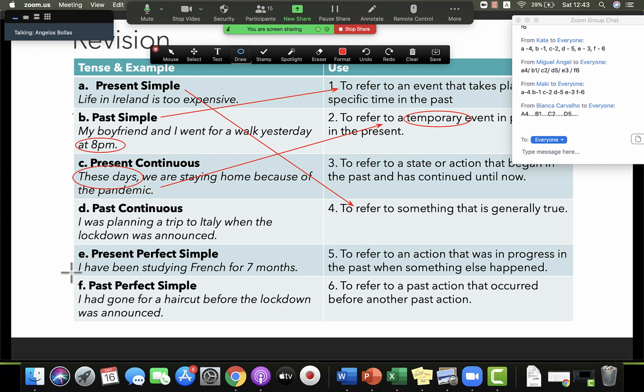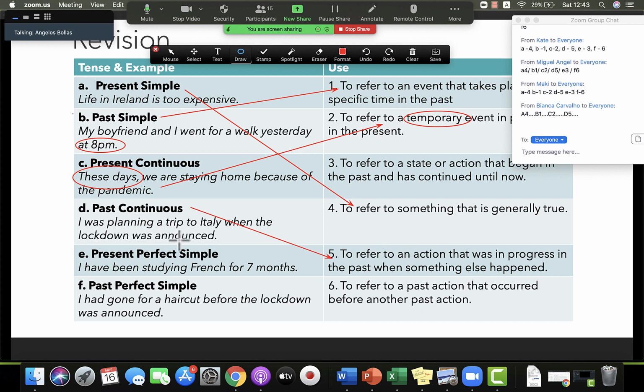D, I see you all say 5, past continuous, to refer to an action that was in progress in the past when something else happened. That's wrong. And can I ask you something about D, please? Which action happened first?